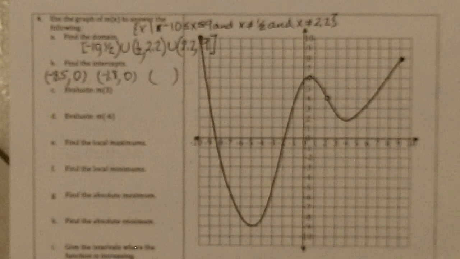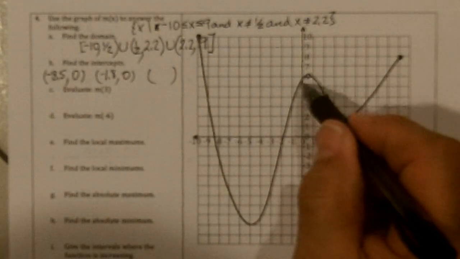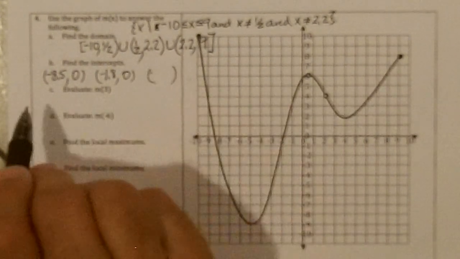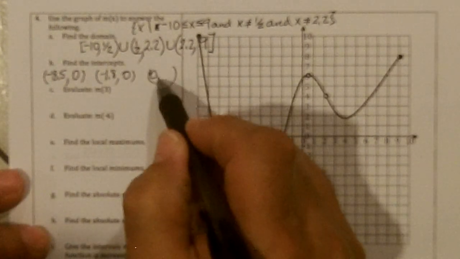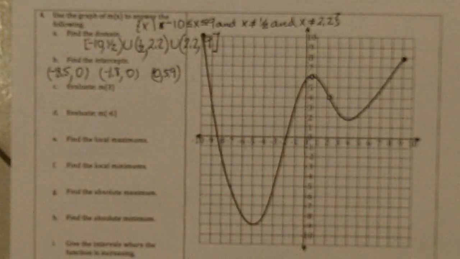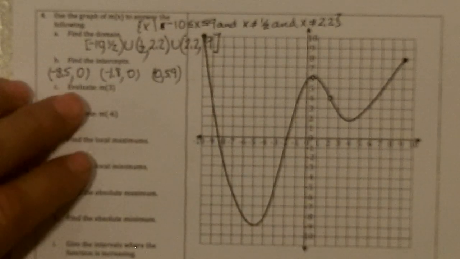Those are my estimations. And at 5.8 or 5.9 in the y when x is 0. So get the x's and y's in the right places. That's where they cross the axes.